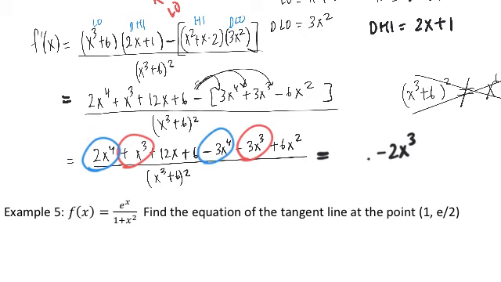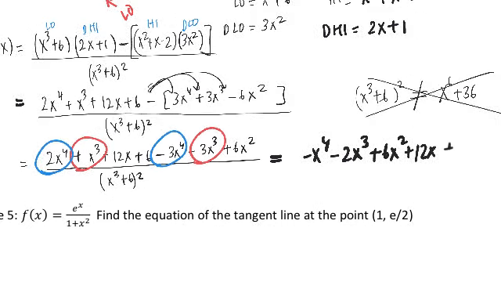That makes just negative x to the 4th. Okay, then minus 2x cubed. And then let's see, plus 6x squared plus 12x, and the last is plus 6, and it's all over x cubed plus 6, the quantity squared.